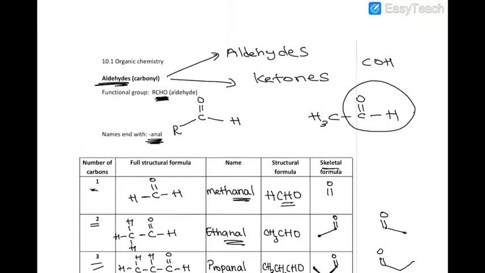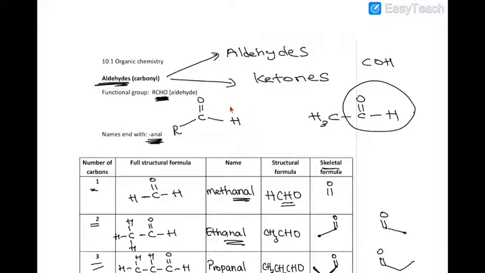Ketones are the other carbonyl compound. The difference between aldehydes and ketones is that in aldehydes you have an H and an R, but in ketones you have both being an alkyl chain. So the carbon is bonded to two alkyl chains. You'll have CO, R, and R in a ketone.